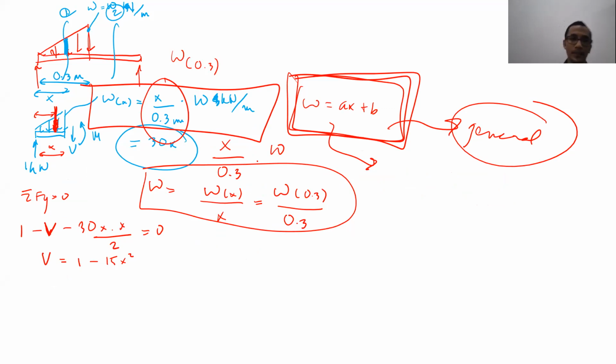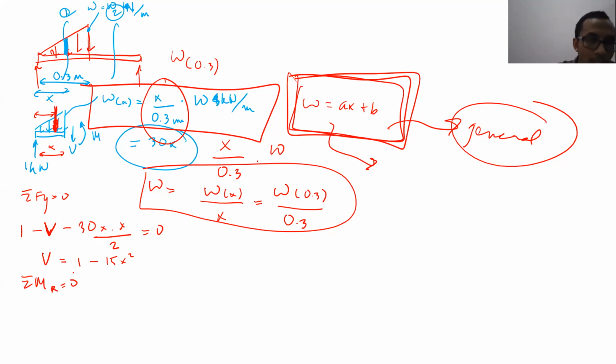For example, if I want to calculate for the M value, I will use sigma moment of the right side, for example, in this case, equal to 0.